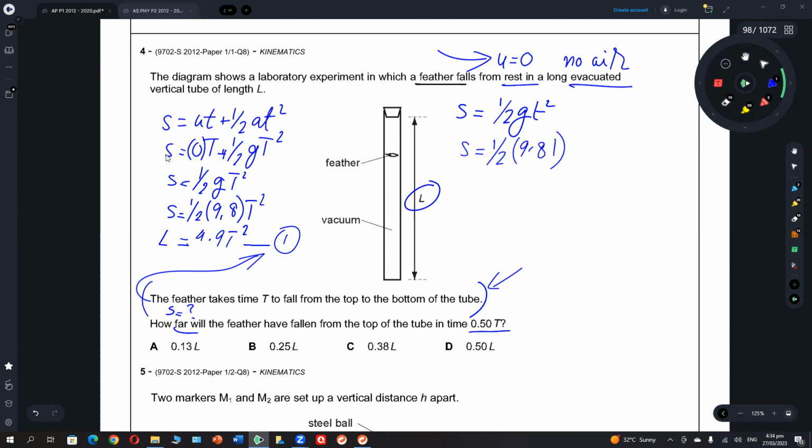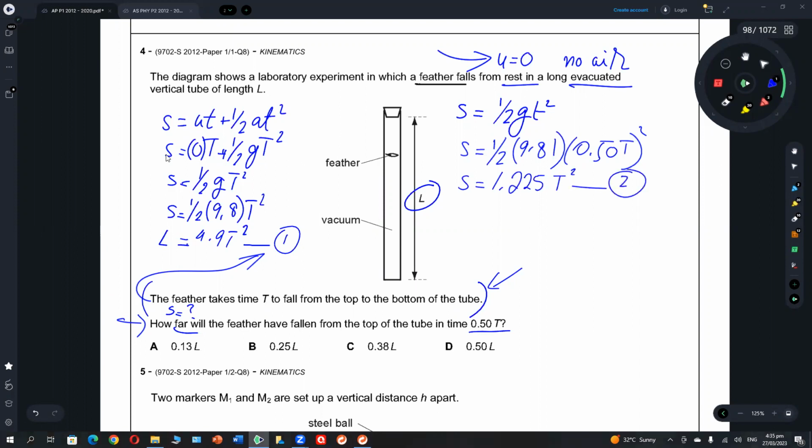Now, read the line under it. How far will the feather have fallen from the top of the tube in time 0.50 t? Now I put 0.50 t. Now can you solve this equation? So this will come as 1.225 t square.